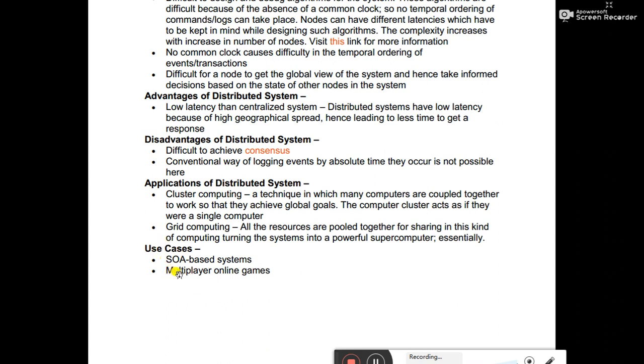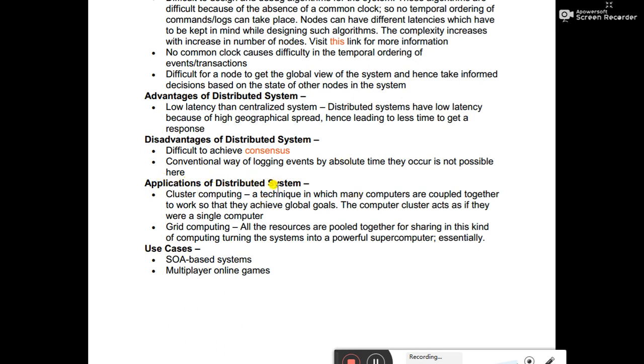One example or use case is multiplayer online games. There are several multiplayer online games that exist. You can see those examples where we can see the distributed information system architecture.